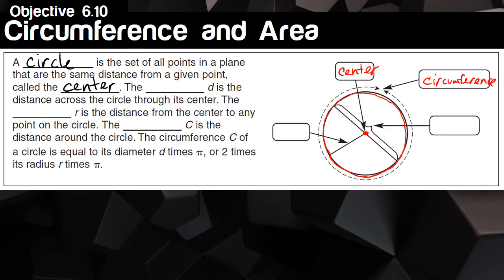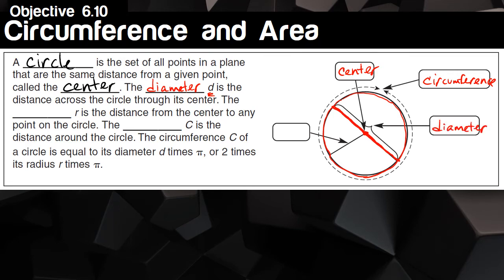We've got some other things we're going to talk about. The D here stands for the diameter. This is the distance all the way across the circle, going through the center. So this whole distance is called the diameter.